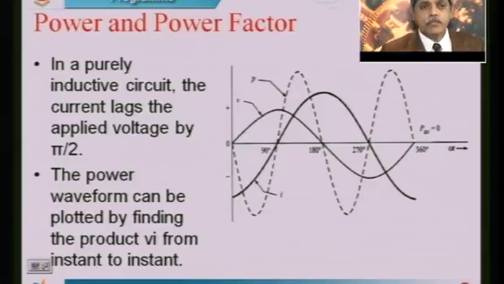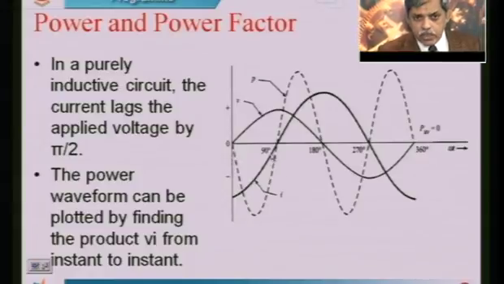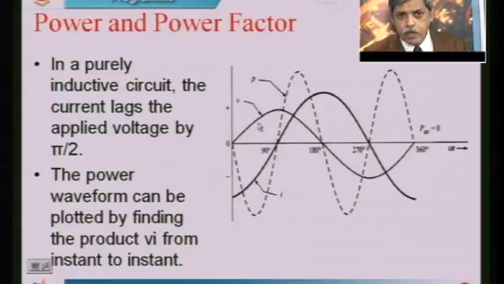Now in this you can see here the power is negative because the current is negative and voltage is positive, and in the next half cycle the power is positive because the voltage and current both are positive. Now after 180 the current is positive but the voltage is negative, therefore the power is negative, and after 270 you can see the current and voltage both are negative, therefore the power is positive.